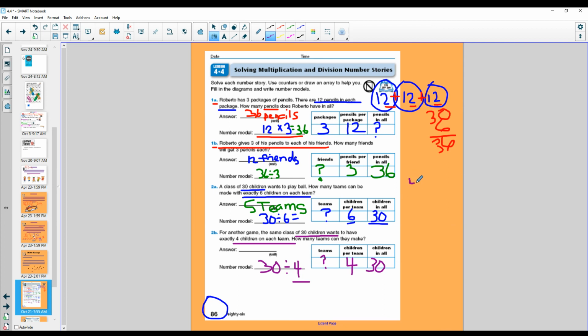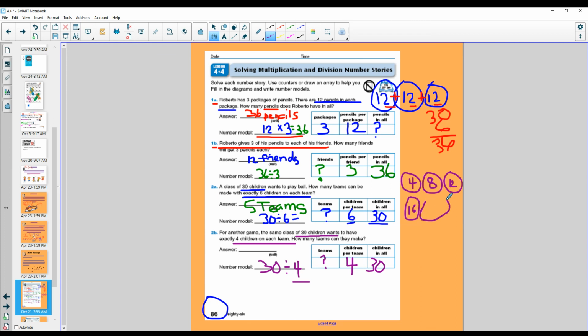Here we go. 1 team is 4. They add 4 to another team. That's 8. We add another 4. 8, 9, 10, 11, 12. Oh, that's not everybody yet. We can keep going. 12, 13, 14, 15, 16. You got it.